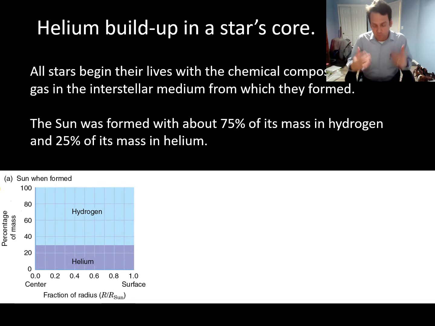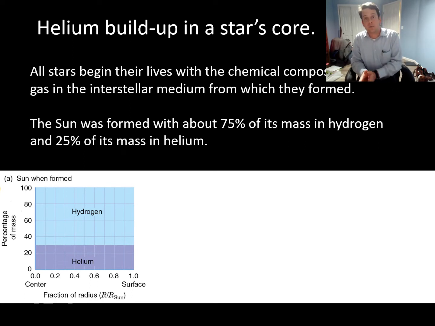So let's go back now to focus on a single low mass star on the main sequence, and think about what happens as that star evolves. All stars begin their lives with the chemical composition of the gas in the interstellar medium. As you remember from the last lecture, stars form out of the interstellar medium. That interstellar medium is 99% gas, 1% dust.